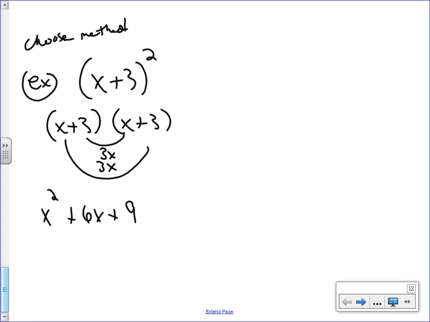Now, another reason for doing this at the same time as what we just did is to compare this to this question. Because I need you to see that they are not the same thing. Do y'all see that they're not the same thing? What's the difference in them?